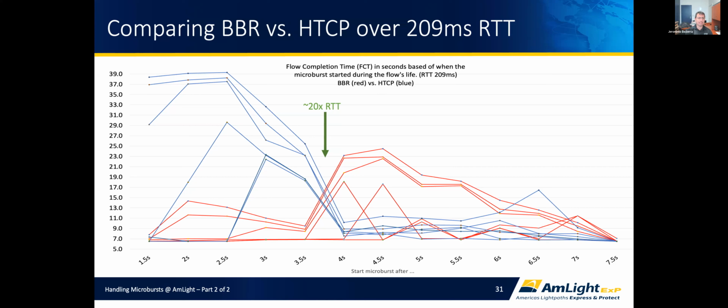And just by accident, I saw that this is 20 times the RTT. When it gets to 20 times the RTT, that's when HTTP starts becoming better than BBR. So if the microburst happens after 20 times the RTT, BBR performs worse than HTTP, which is kind of surprising.